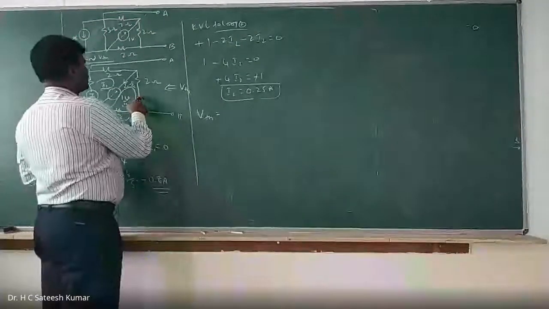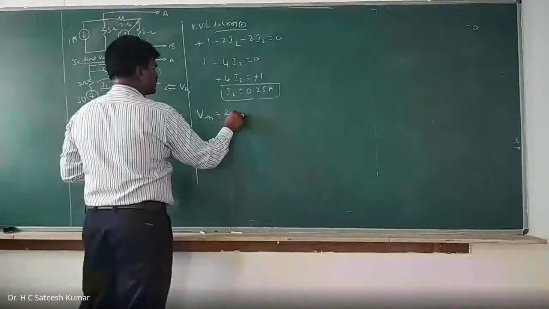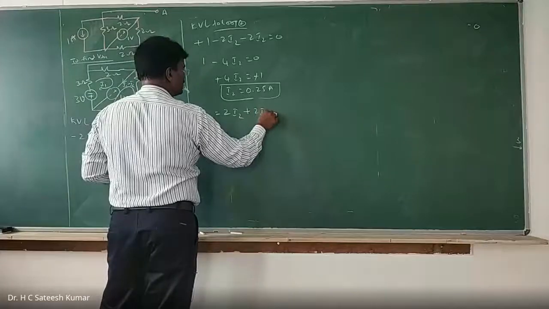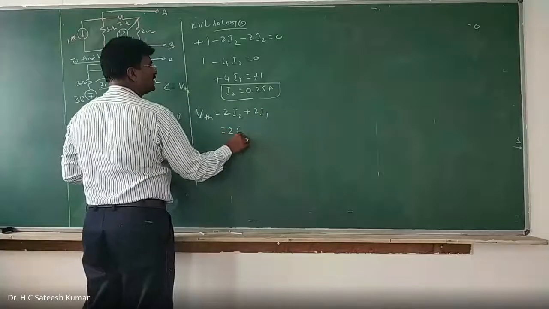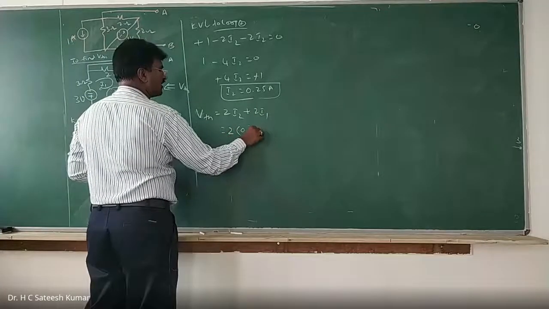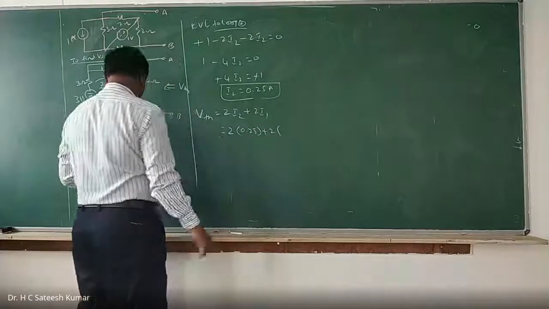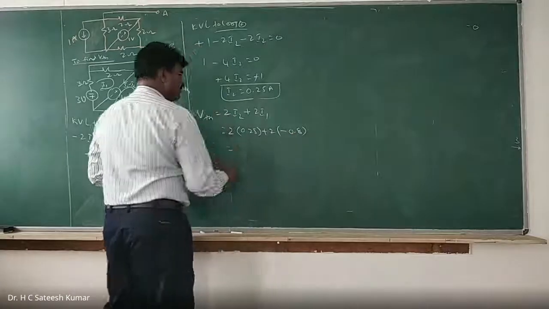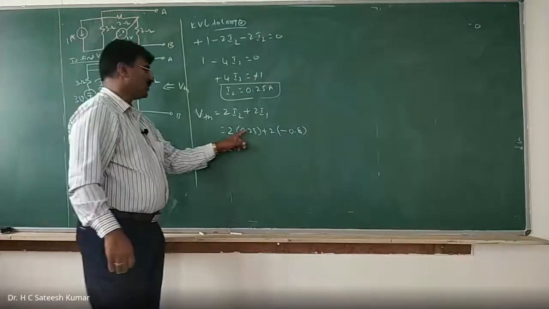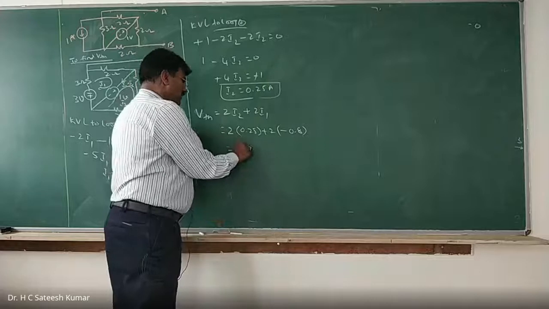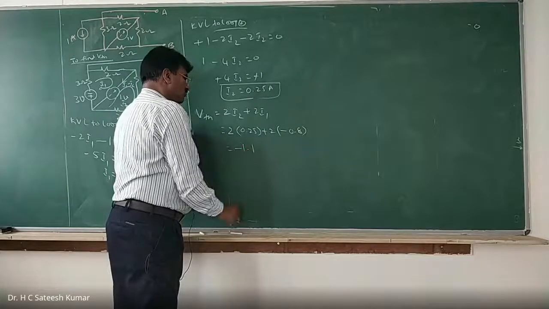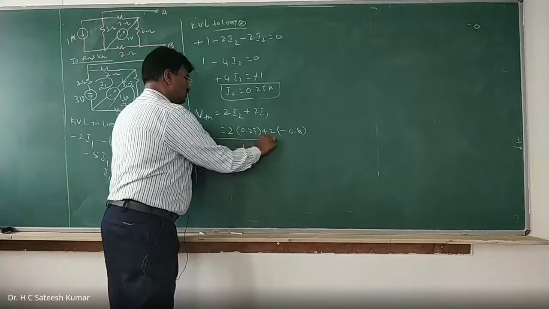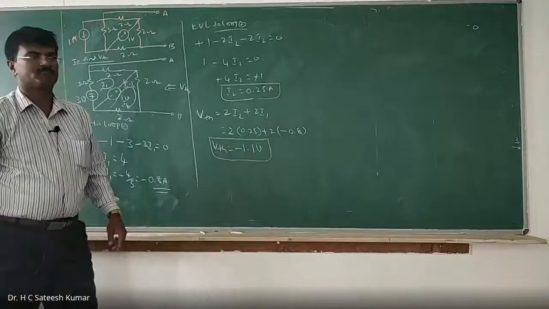VTH is equal to plus 2I2 and plus 2I1. You will get it as 2 into I2, I2 is 0.25, plus 2 into I1, which is minus 0.8. How much is this? 0.25 into 2 minus 1.6, which is minus 1.1 volts. VTH is equal to minus 1.1 volts. Okay, right.